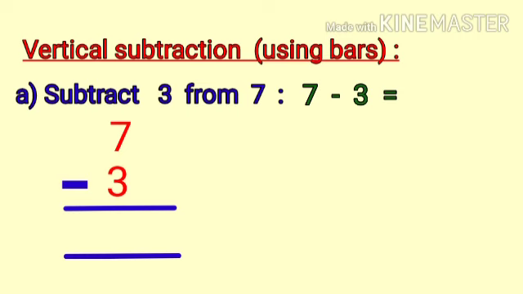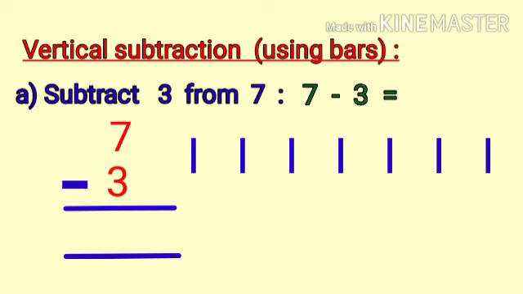Now, to get vertical subtraction using bars, we should draw vertical bars equivalent to the bigger number. Understood, children? Here the bigger number is 7. So we should draw 7 vertical bars. Now to get the result, we should cross out the vertical bars equivalent to the smaller number. Here the smaller number is 3.